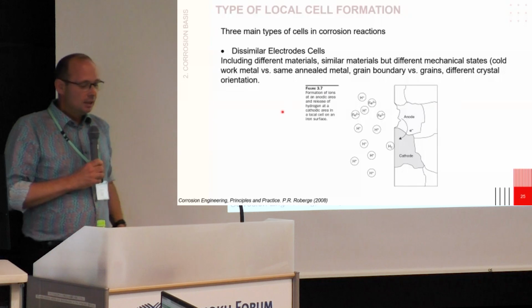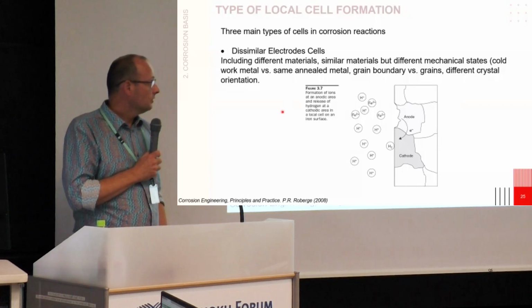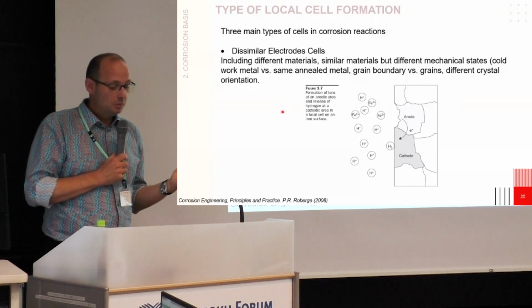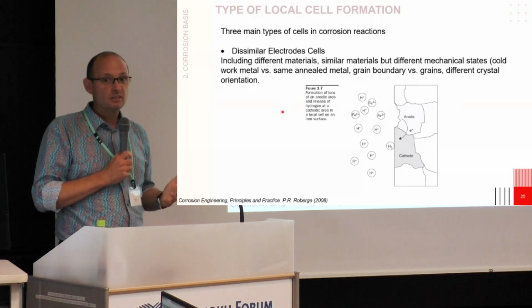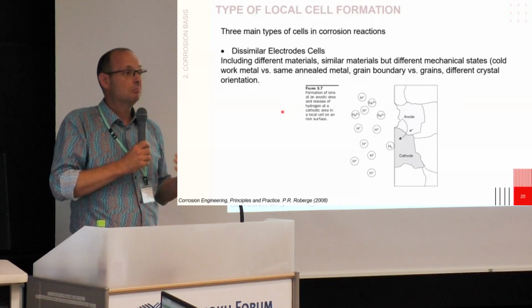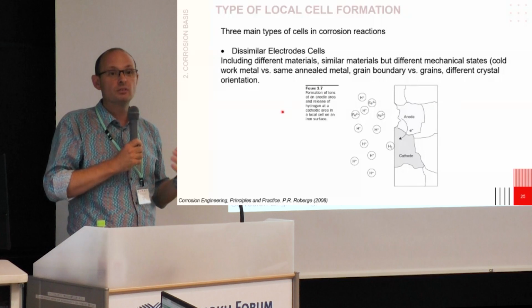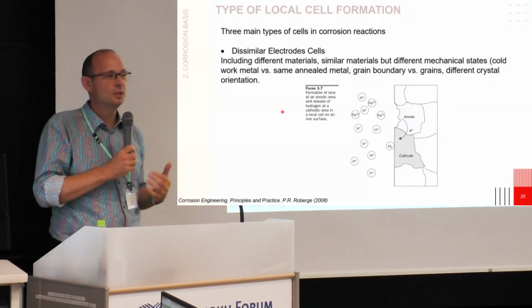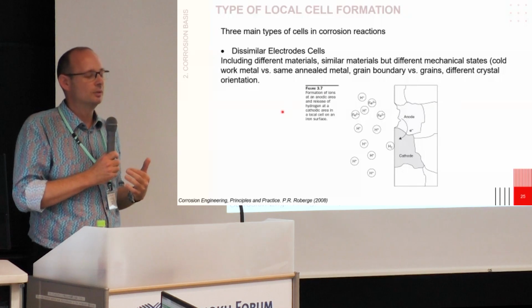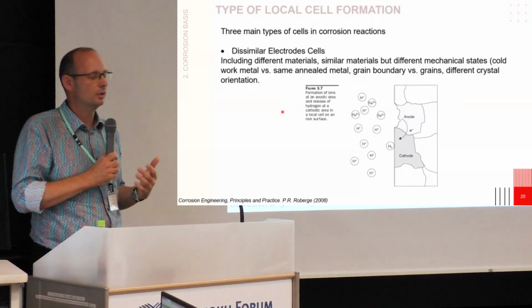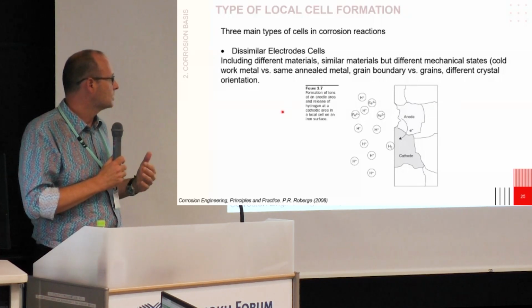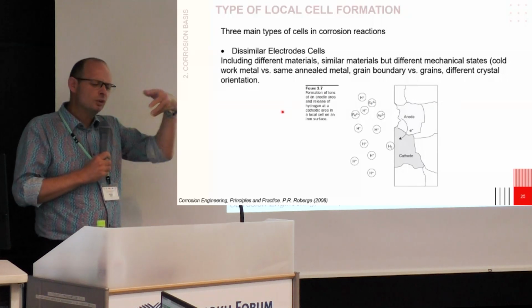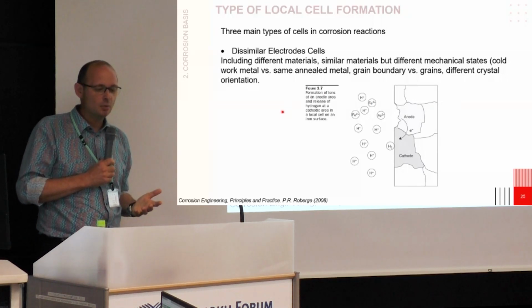Okay. So you see that the environment will play a role because it can destabilize metals and components in metals. Remember this morning my story about manganese sulfur inclusion? It's almost the same. And after, there are a lot of kinds of cells that can happen.